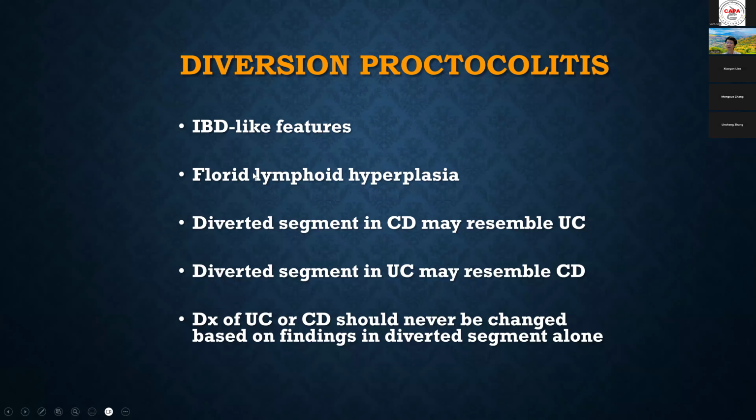You see IBD-like features, follicular lymphoid hyperplasia, and you can make a diagnosis of diversion proctocolitis, or you can simply say diversion effect if there's no epithelial injury, right? So diversion colitis can mimic IBD, but if you know the clinical setting and you see a lot of lymphoid aggregates in the colon, particularly the rectum, think about diversion.